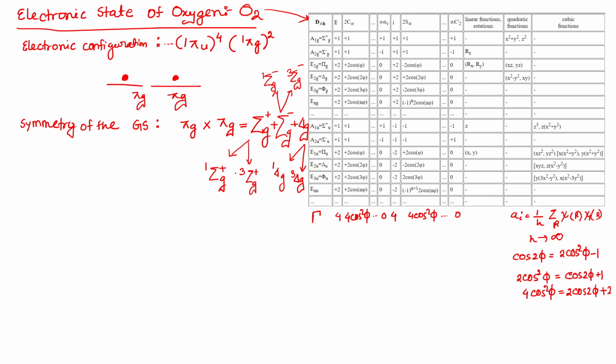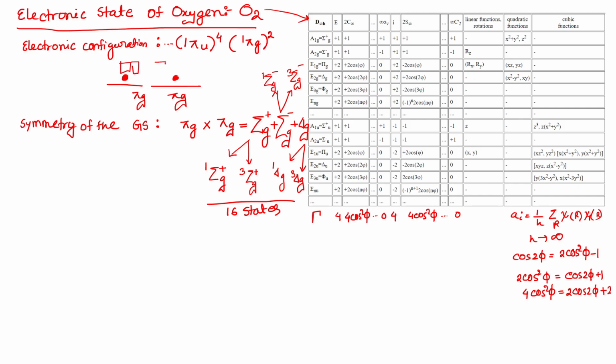So 8 and 4 and 4 will give you a possibility of 16 states. But you have two unpaired electrons in the place of 4.